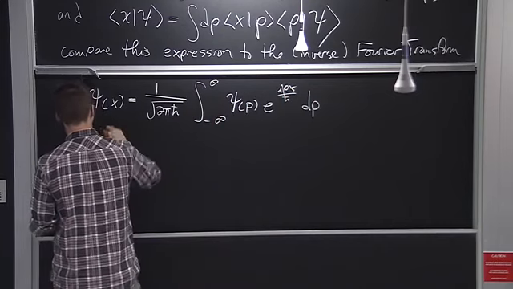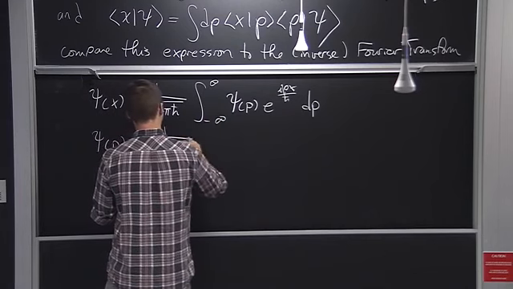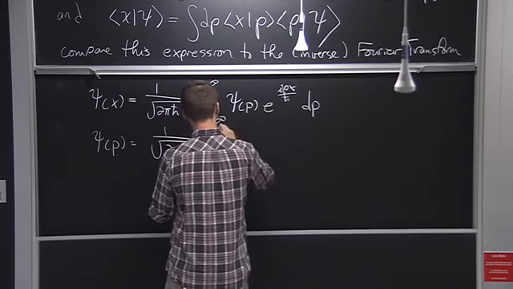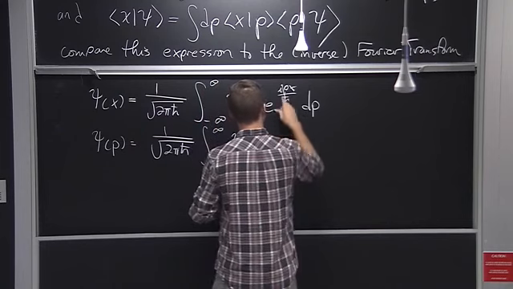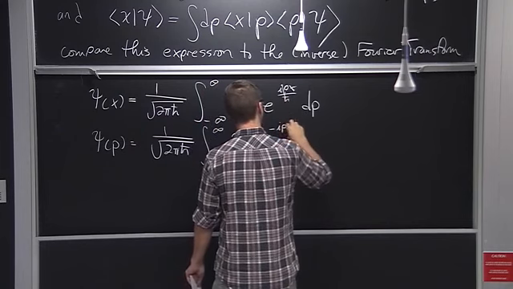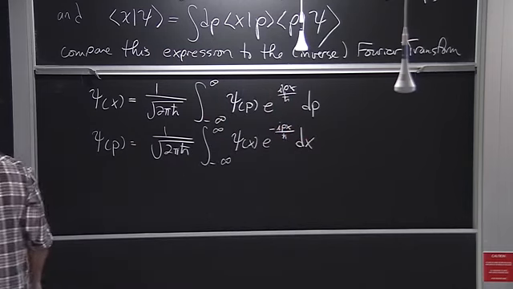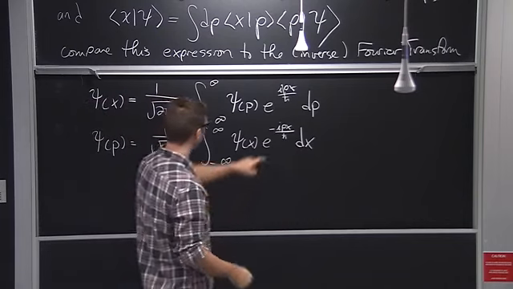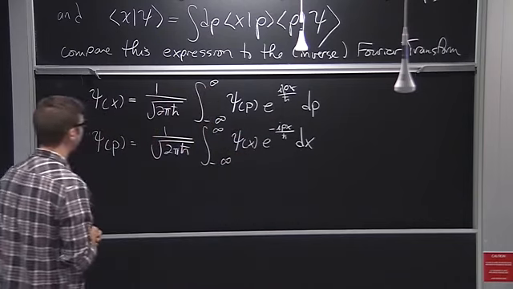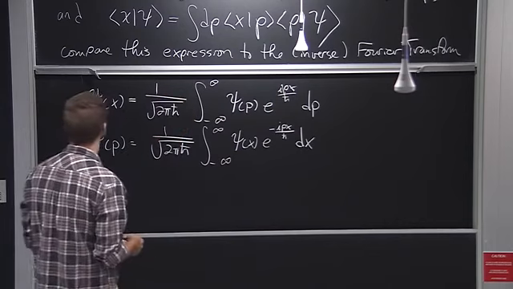And just to be complete, that normalization is just for convenience. It would be psi of x, and you need the minus sign, e to the minus i p x over h bar, dx. Right, so there's various ways to see that. You can look at plane waves and so on. That's really what's going on here. Some plane wave solution. But it's just a mathematical Fourier transform and its inverse.